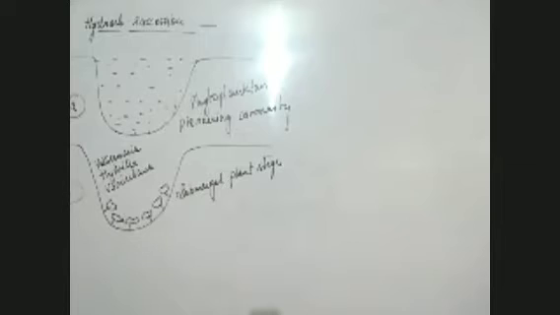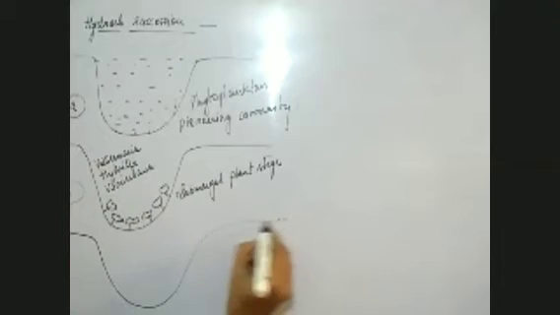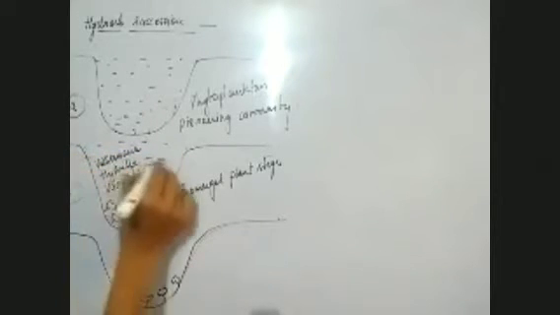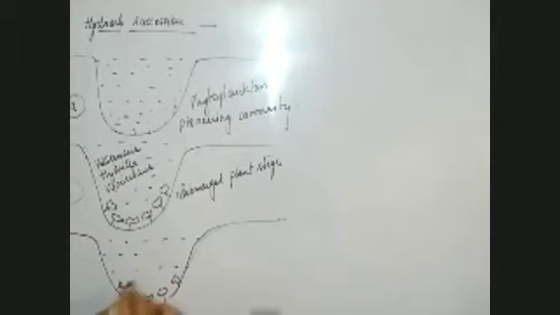Then the third stage, along with the submerged, free floating plants are also seen. So, submerged free floating plants in the next stage. This is again the water body, and in the water body, what do we see along with these phytoplanktons and these submerged plants? We find the free floating plants also, like this.